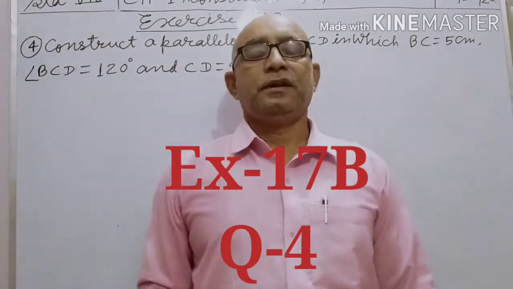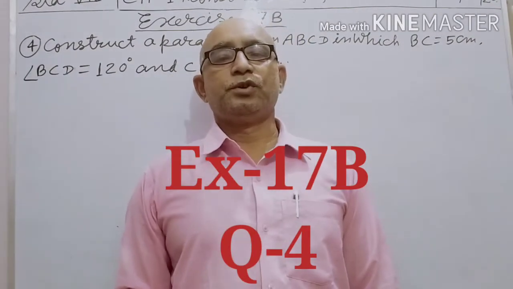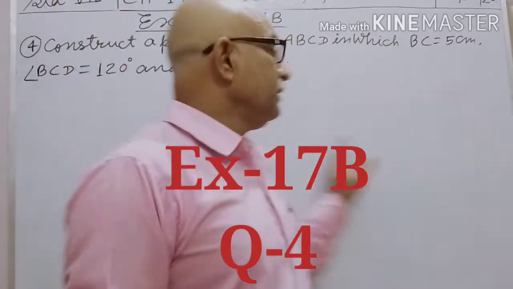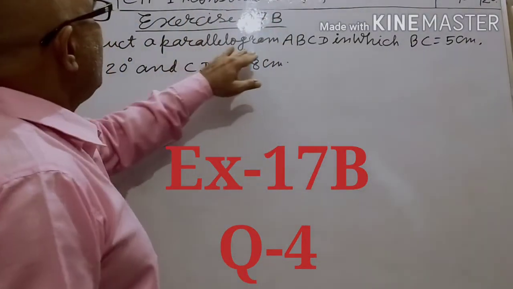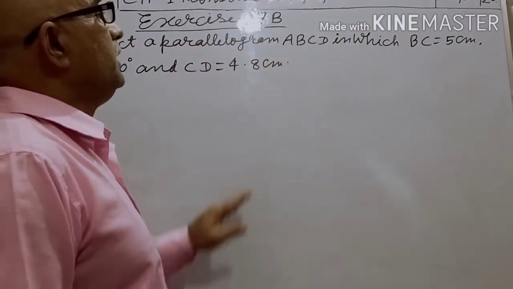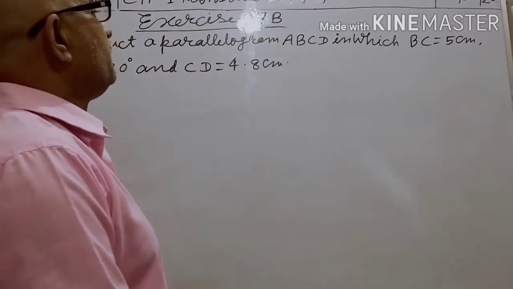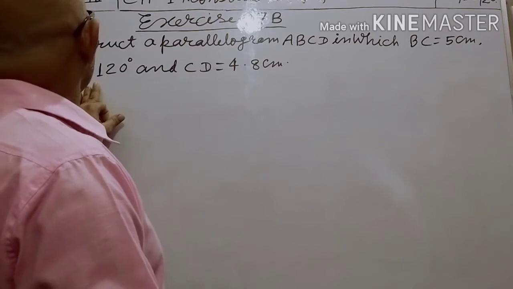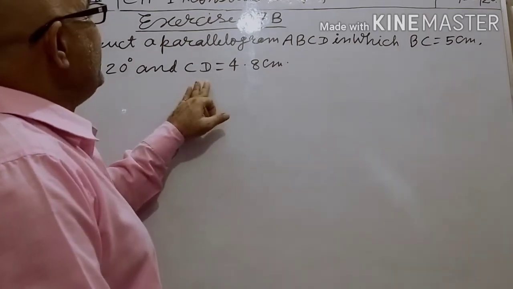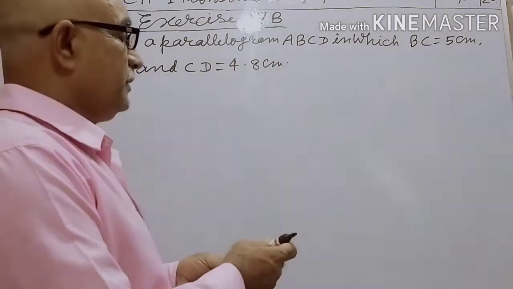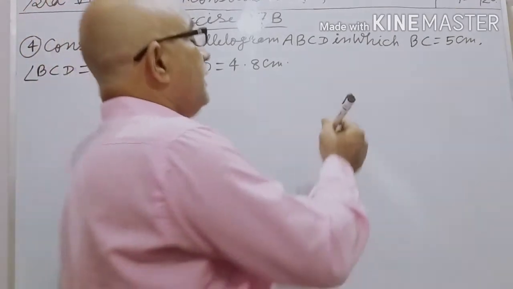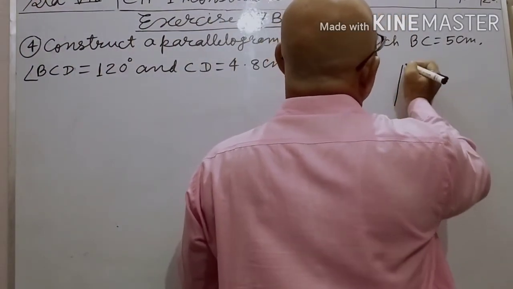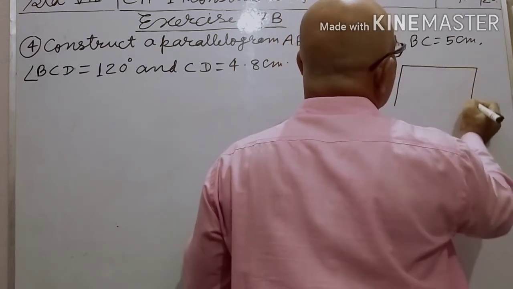Students, next question is question number 4 of exercise 17B. In this question, construct a parallelogram ABCD in which BC equal to 5 cm, angle BCD equal to 120 degree and CD equal to 4.8 cm. First of all, draw a rough sketch of parallelogram ABCD.